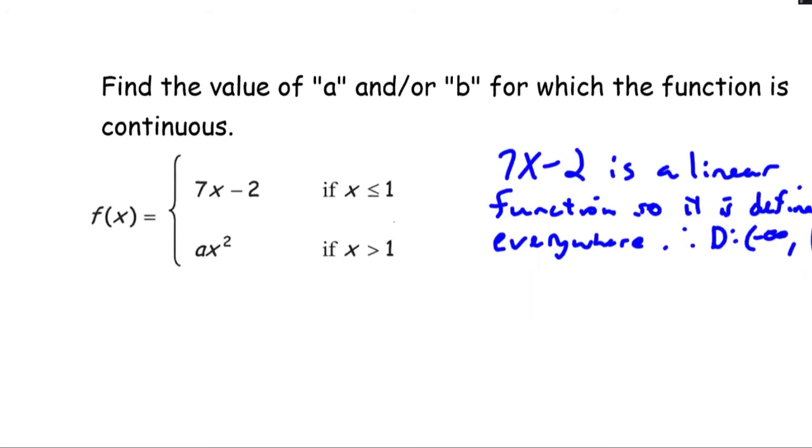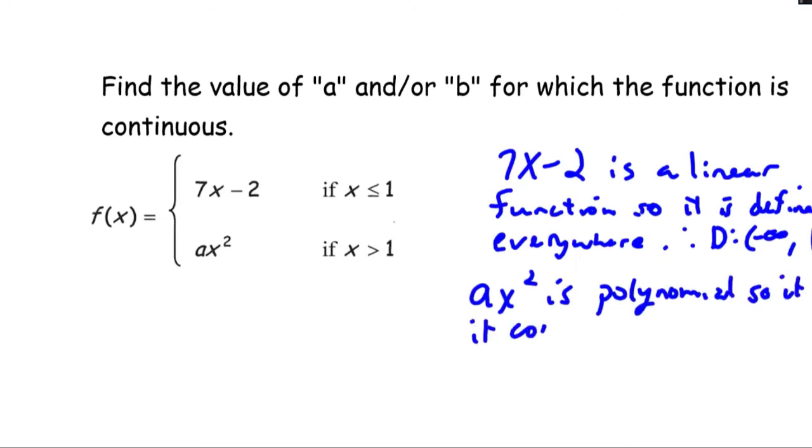What about ax squared? What kind of function is that? Ax squared is a polynomial. So what do we know about its continuity? It is continuous everywhere in its domain. And we know its domain is negative infinity to infinity, but in this case on the piecewise it's from 1 to infinity.